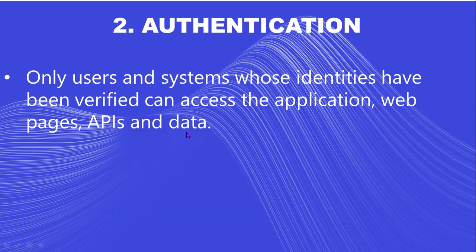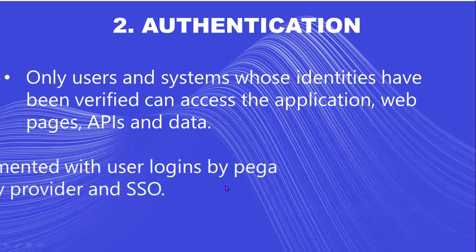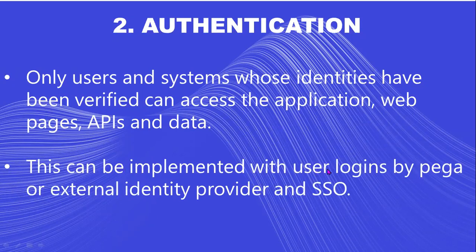Whether it is your data, services, web pages, or APIs, they can be accessed only by users and systems whose identities have been verified. This can be implemented with user logins by PEGA or external identity providers and SSO, single sign-on. So we can implement authentication in these ways.